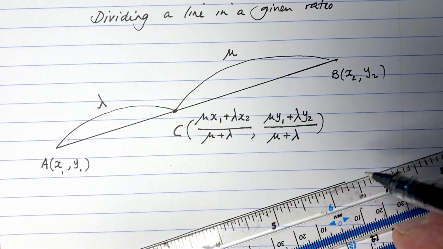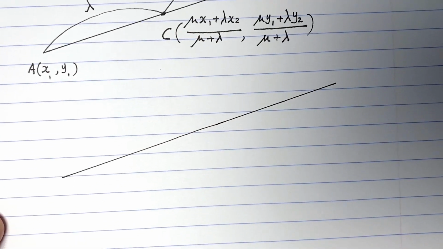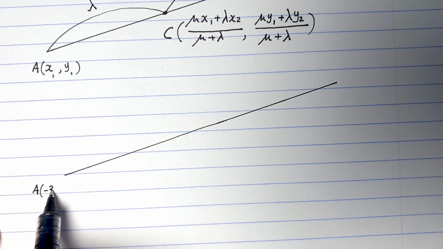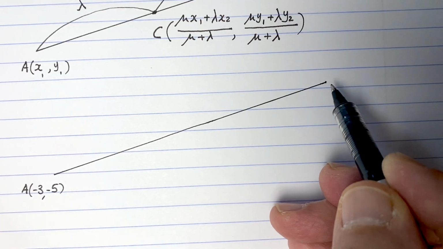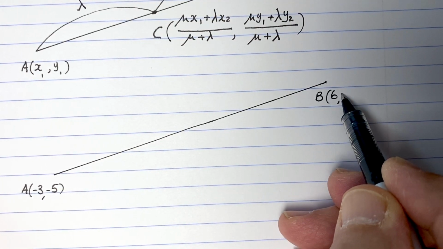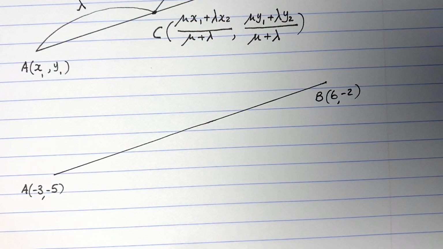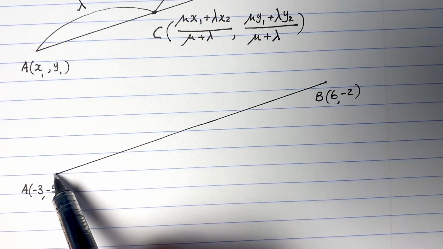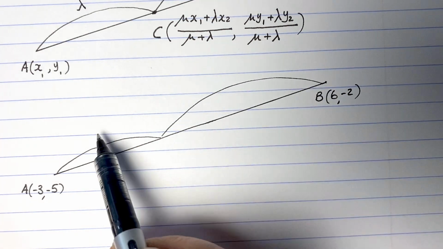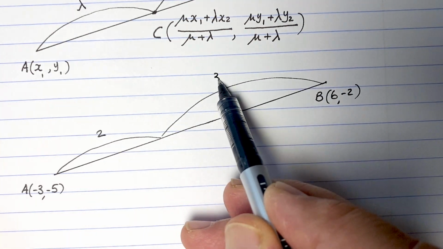Let's have an example. Say I've got point A at -3, -5 and B at 6, -2, and I want to divide this in the ratio of 2 to 3.